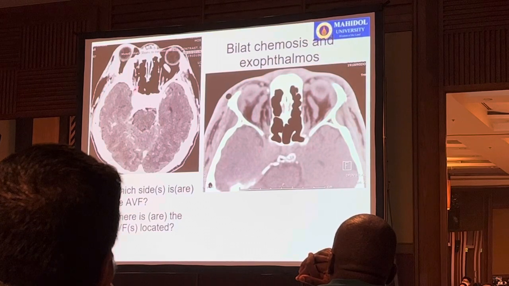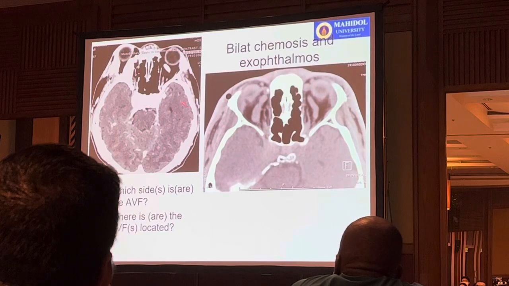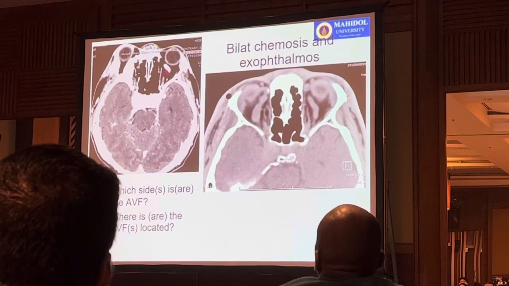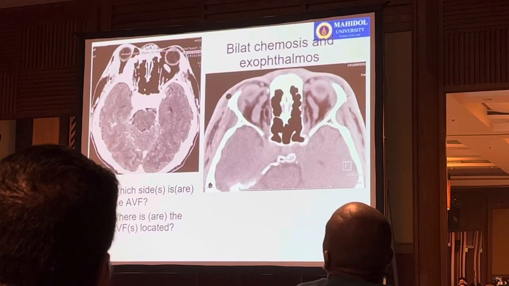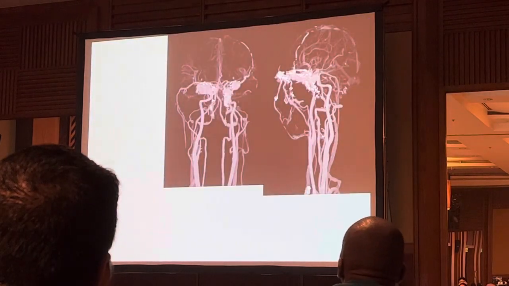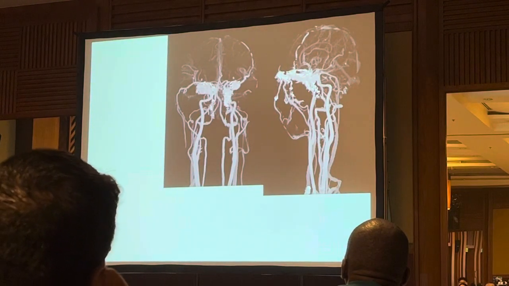It should be the larger one, should be the right side, most of the time. But it could be drainage through the intercavernous venous part to congest, and also you have a severe, or even you have bilateral fistula with a smaller flow. Sometimes this is very difficult to see.